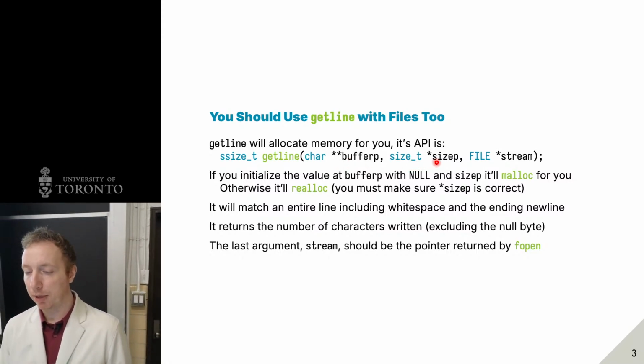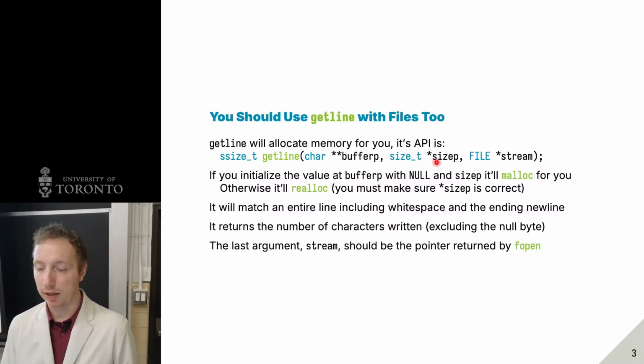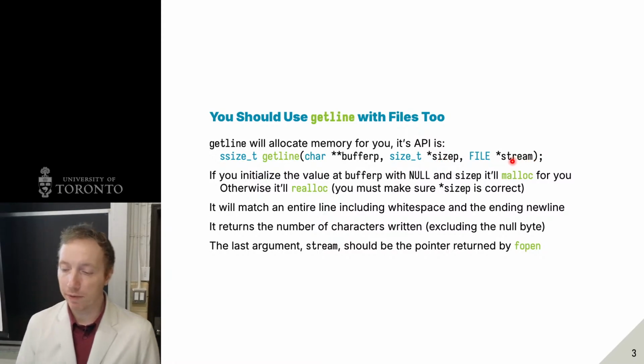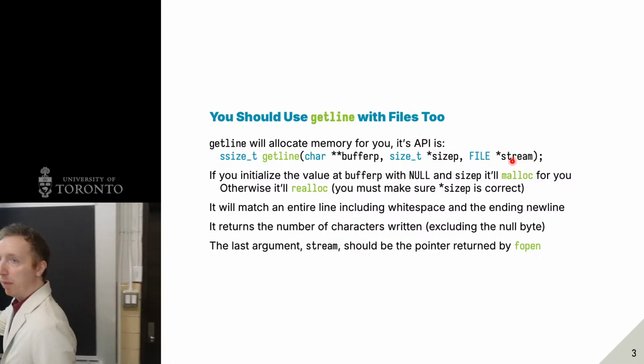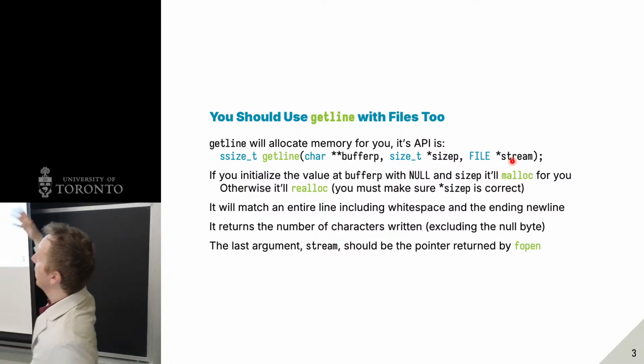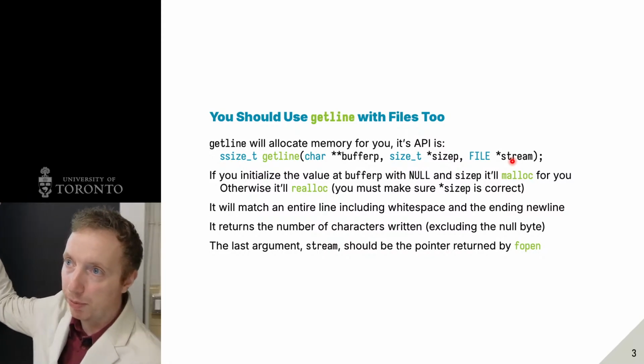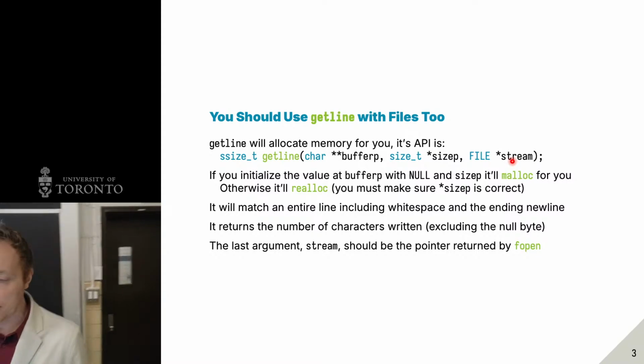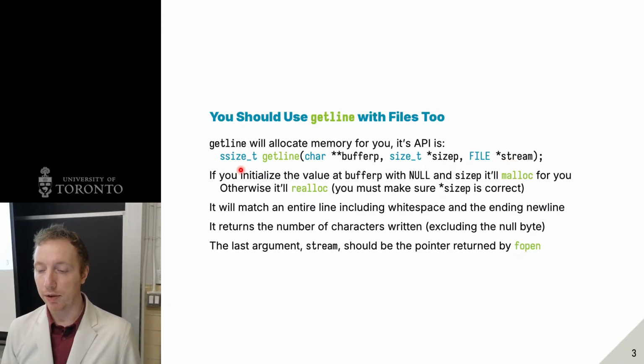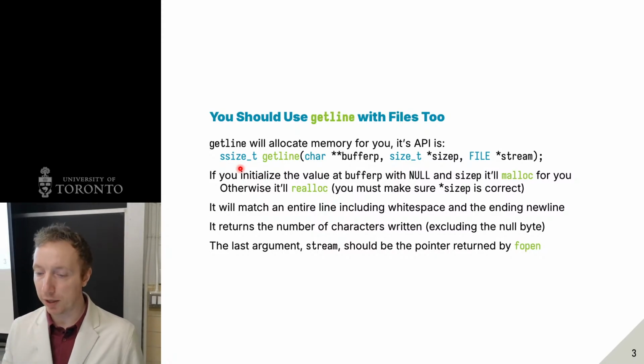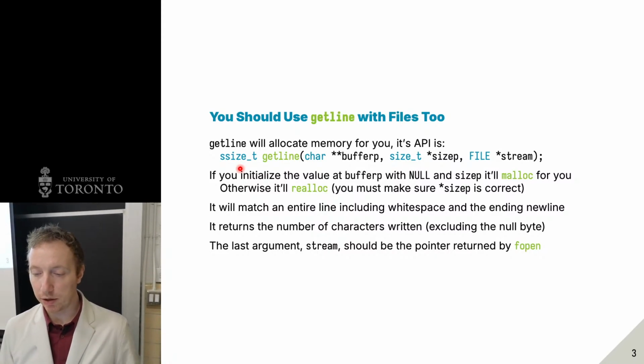It will also update the size, so how big the allocation is, and then the file stream. Previously I said just make it standard in and it would work. Well, now we know other options: we can do it with any old file, it doesn't have to be standard in. And this always returns the number of characters we read, excluding the null byte.